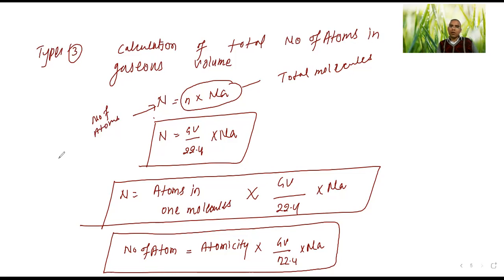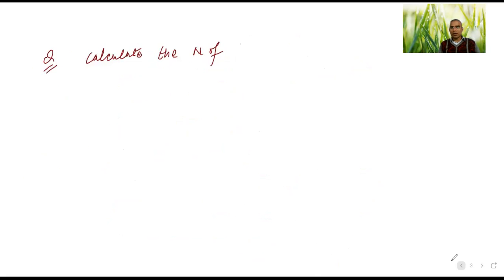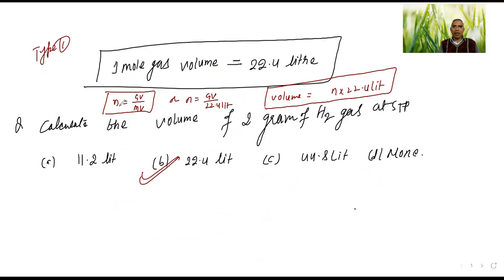So this is common for a gaseous system. If it is a gaseous system, small n is calculated as given volume upon 22.4 liter, as we have done just now. n is equal to given volume upon molar volume, which means given volume upon 22.4 liter.